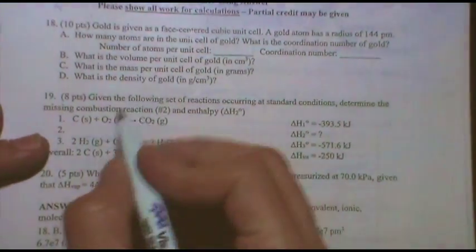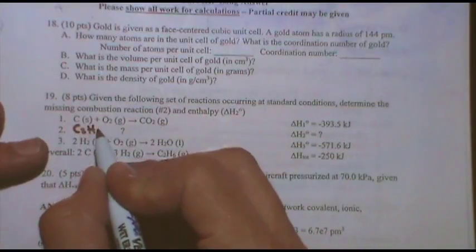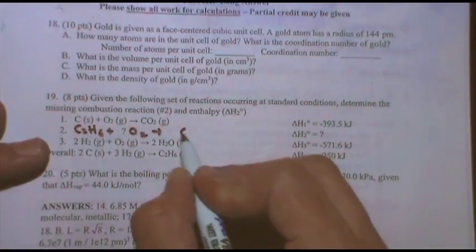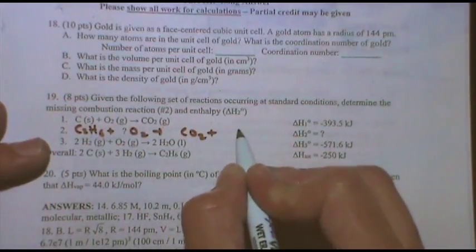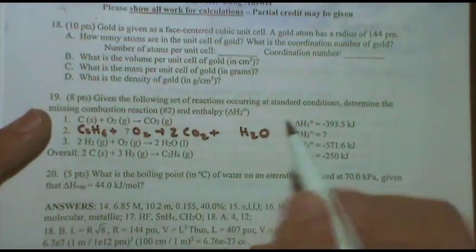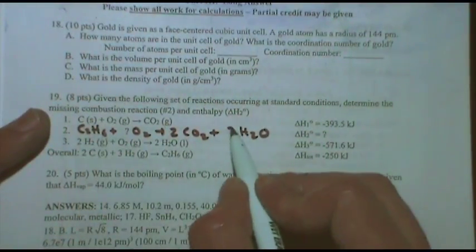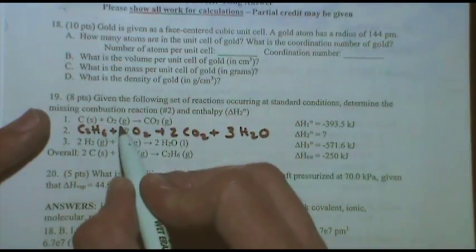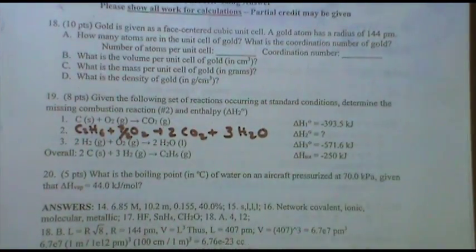I guess I'll try this. So yes, you have to know your combustion reaction. Now balance it. 2, 2, 6, so 3, 4, 5, 6, 7, 7 halves.